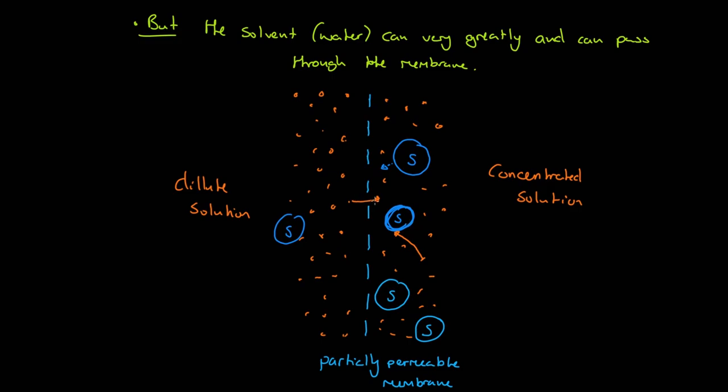There's more probability that molecules from the left-hand side will pass across to the right-hand side than molecules from the right-hand side passing across to the left. Some may well do exactly that, but more, probabilistically speaking, will pass from the left-hand side to the right-hand side.